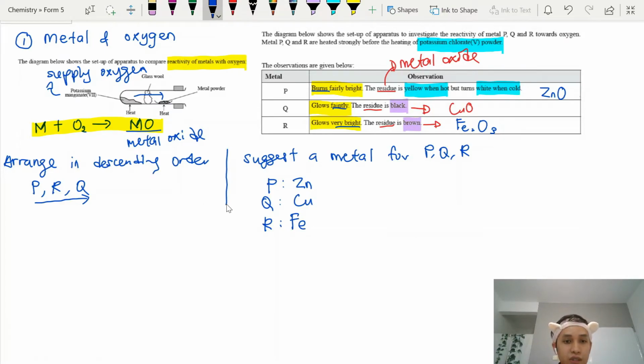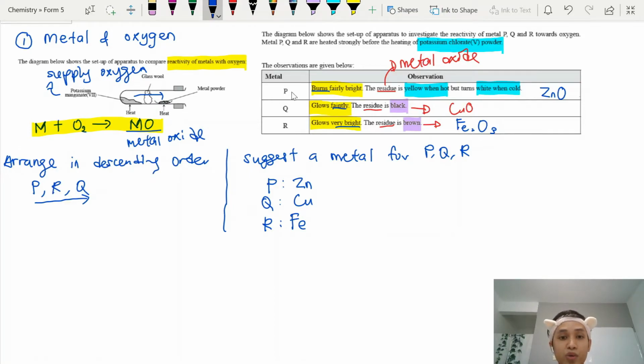So this is the first part of your reactivity series, the reaction between metal and oxygen. To identify the arrangement of the reactivity series, who is higher, who is lower, we look at the front part of the observation here, burn, glow, whatever. The reactive one will be on top, and the less reactive one will be at the bottom.